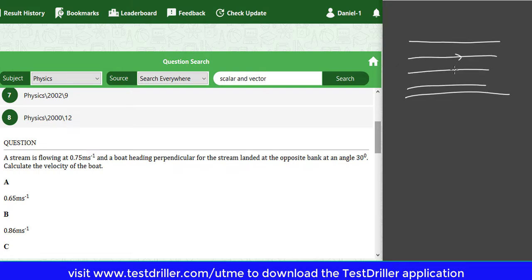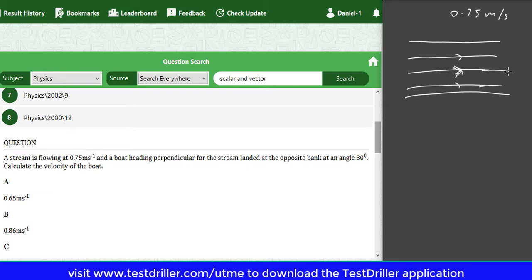The speed at which the water in this river, or stream, is flowing is 0.75 meter per second, right? Now there's a boat here.